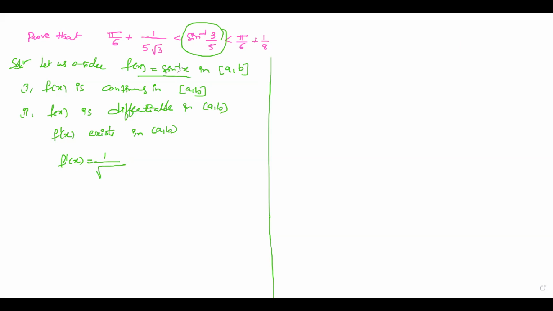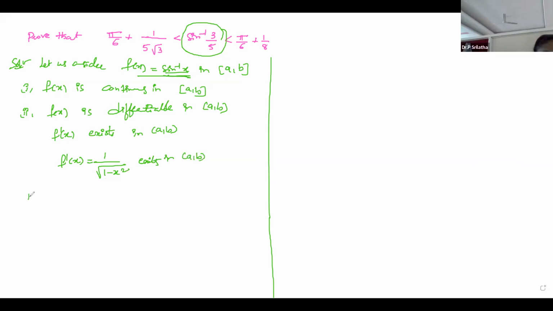Sin inverse x differentiation is 1 by under root of 1 minus x square, isn't it? So that will exist in open interval a comma b.